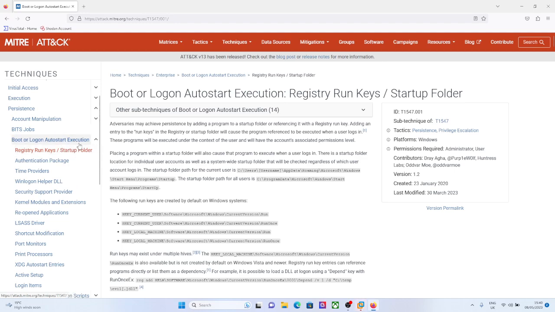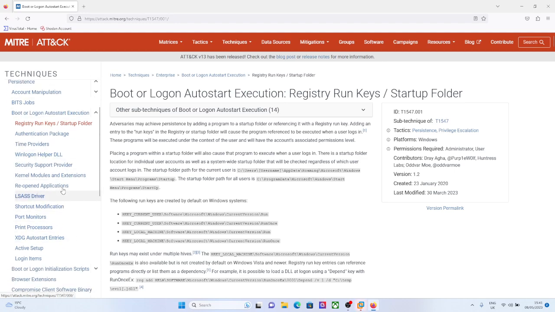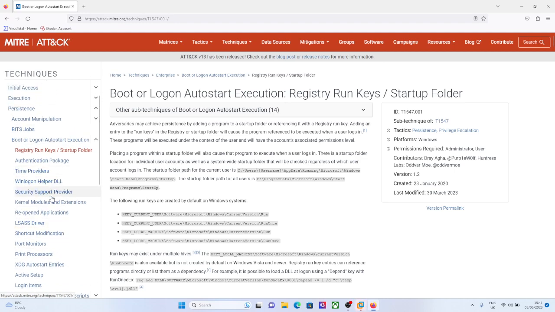So sub-techniques are also a relatively new concept that tries to cluster similar technique goals belonging to a specific tactic. So the persistence tactic, the ultimate goal, is done by boot or login autostart execution, but there are different sub-techniques here.